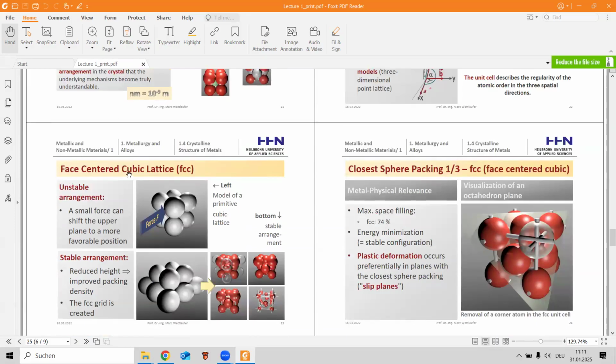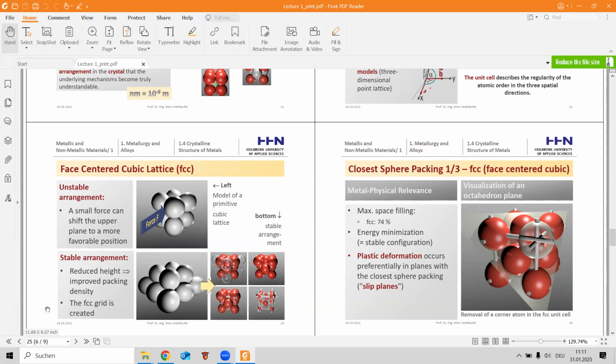So the face-centered cubic lattice, or FCC. The primitive arrangement can be unstable, so a small force can shift the upper plane to a more favorable position, like here. So it's a model of the primitive cubic lattice. At the bottom we have a stable arrangement.